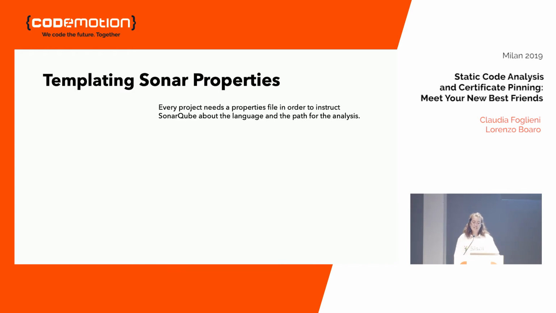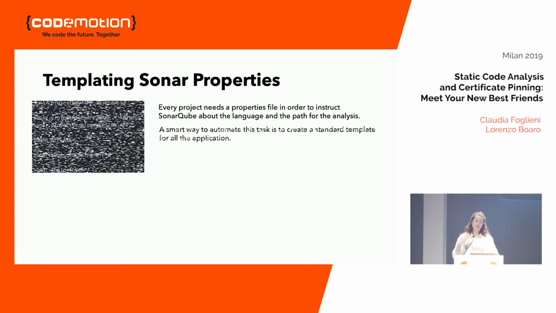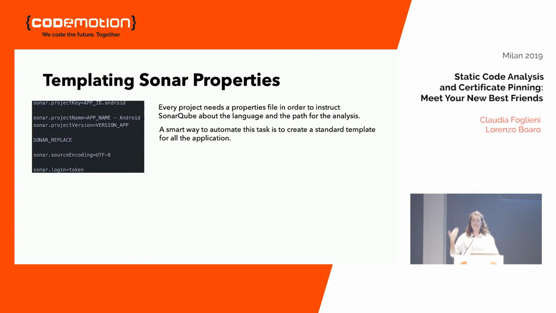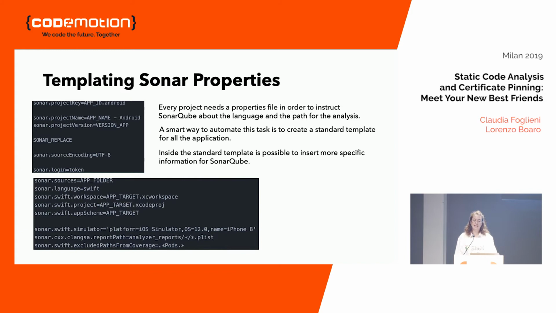For example, SonarCube requires a simple configuration file in order to understand what type of code it must analyze and where it must analyze it. If you need to analyze several applications, the management of the file can become critical because it will be duplicated in every development branch.